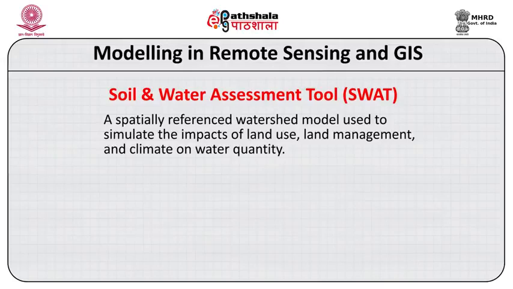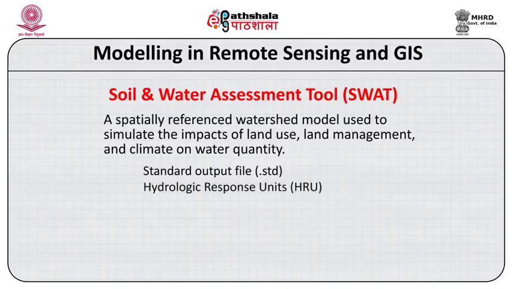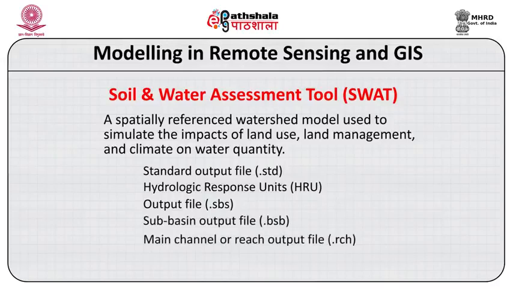These files are the standard output file denoted as .std, the hydrological response units output files, sub-basin output files, and the main channel or reach output files. Other files that may be generated include pesticide summary files, stream water quality summary file, reservoir summary file, and lake water quality summary file.